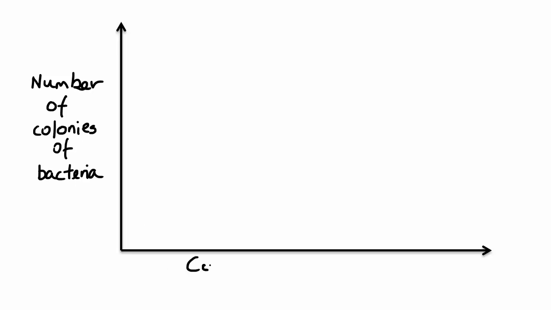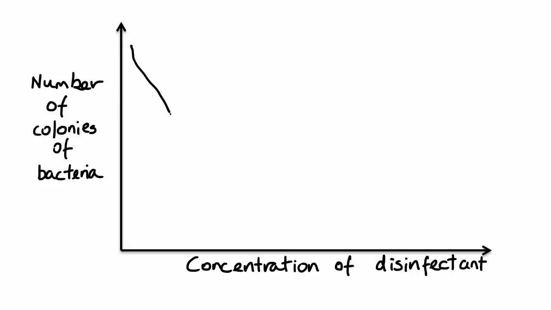Next we have question 2. You are usually asked to sketch a graph showing things that you've been testing. In this case, we have the number of colonies of bacteria which depend on the concentration of disinfectant. Remember to label your axes. I'm drawing a curve over here showing that the number of colonies decreases as the concentration of disinfectant increases.